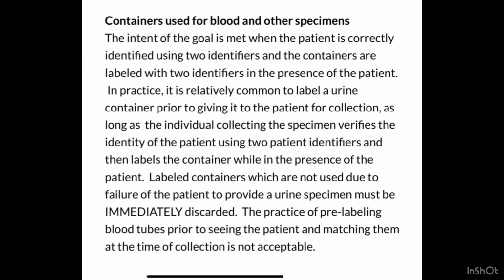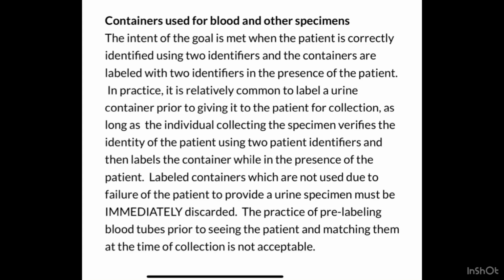Containers used for blood and other specimens. The intent of the goal is met when the patient is correctly identified using two identifiers, and the containers are labeled with two identifiers in the presence of the patient. In practice, it is relatively common to label a urine container prior to giving it to the patient for collection, as long as the individual collecting the specimen verifies the identity of the patient using two patient identifiers and then labels the container while in the presence of the patient.